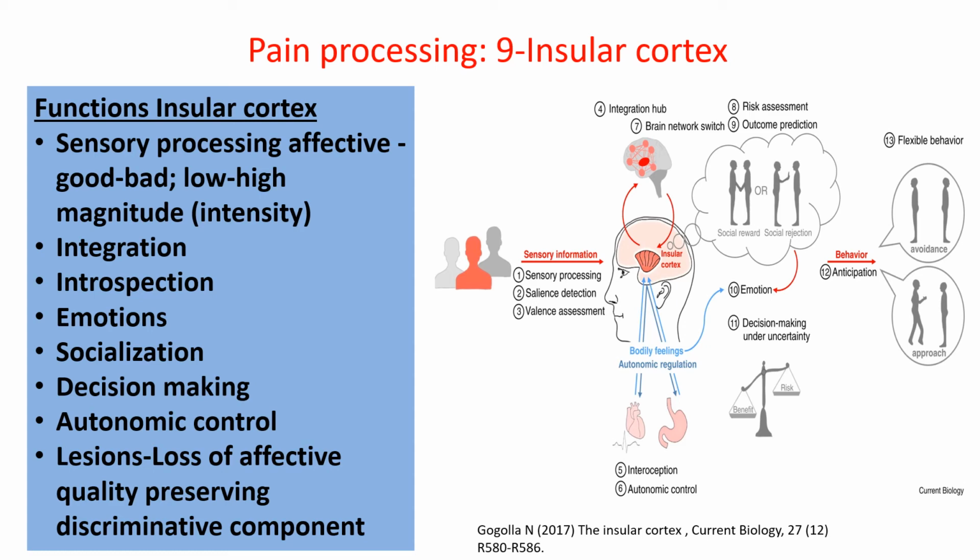And to perform certain tasks during the pain, or what to do with the pain, or how to tolerate the pain. So this is one of the decision making areas. It also controls the autonomic activity. In case of lesions of the insular cortex, the person loses the affective component of the pain.